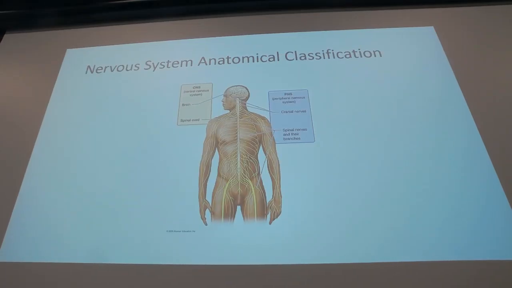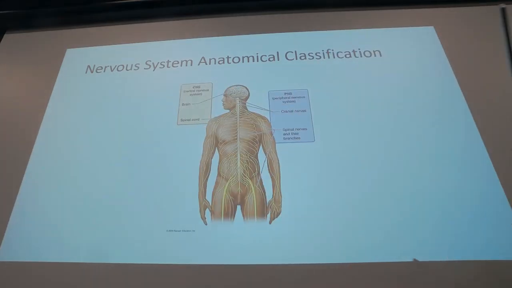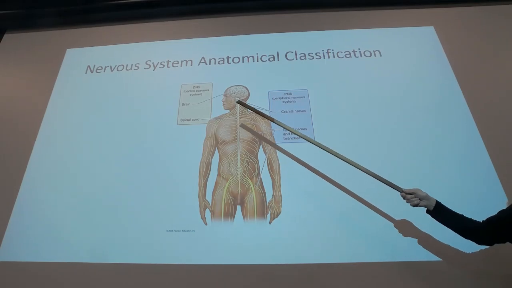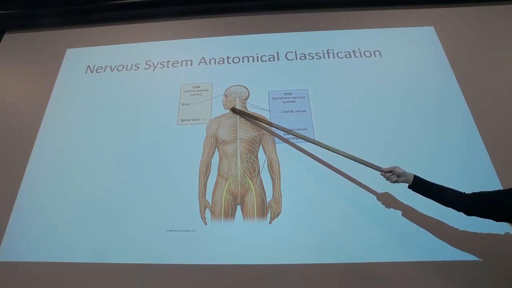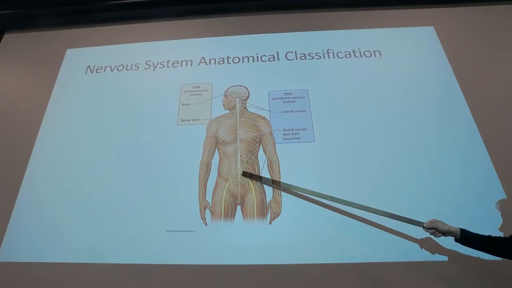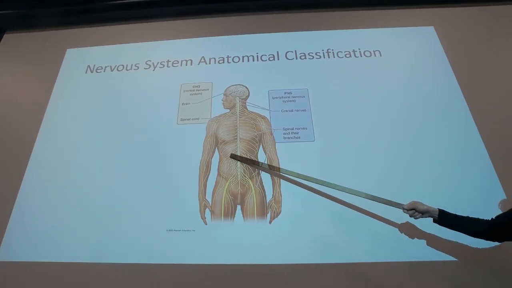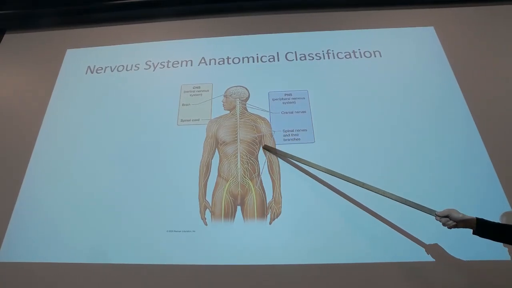So here is the anatomical classification of the nervous system. What does the brain and the spinal cord make up, the CNS or the PNS? CNS. So this is the CNS. And then all of these nerves will be PNS, peripheral nervous system.